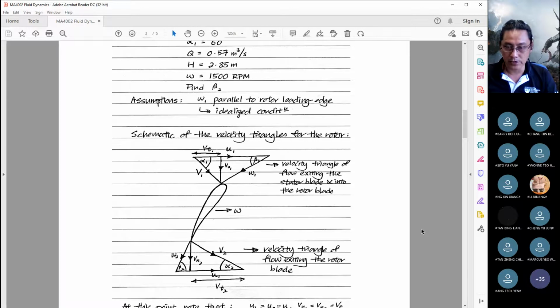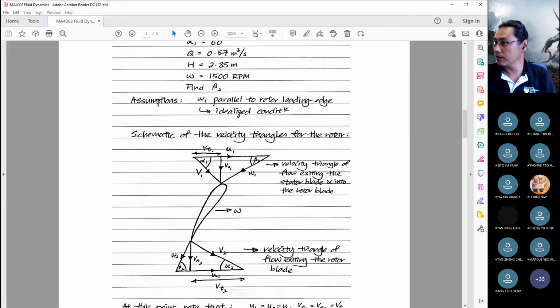If you understand the equations, and how they're formulated and how you could use them, there's no need to draw velocity triangles if you don't want to. If you are sure about the principles, that's fine. Unless the question says, please draw the velocity triangle, and there are some marks attached to it, then you know you have to draw. But if there's no requirement for you to draw, it's not explicitly stated, there's no need to draw.